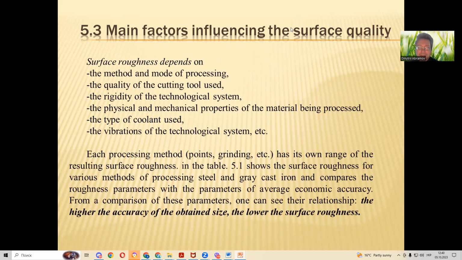Surface roughness depends on the method and mode of processing, and the quality of the cutting tool used.